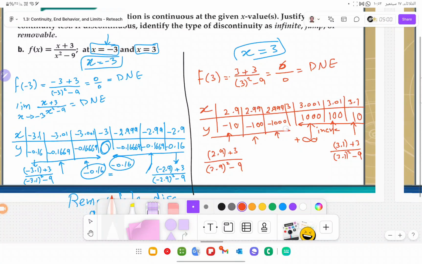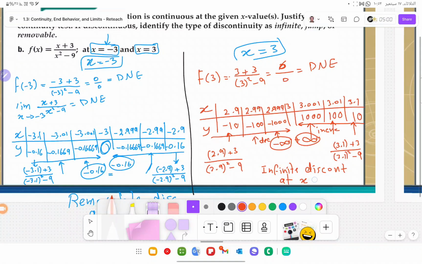So as you can see, as we are approaching 3, we are going down, which means negative infinity. And when you have negative infinity from the left and positive infinity from the right, what type of discontinuity? Yes, it's infinite discontinuity. At what value?